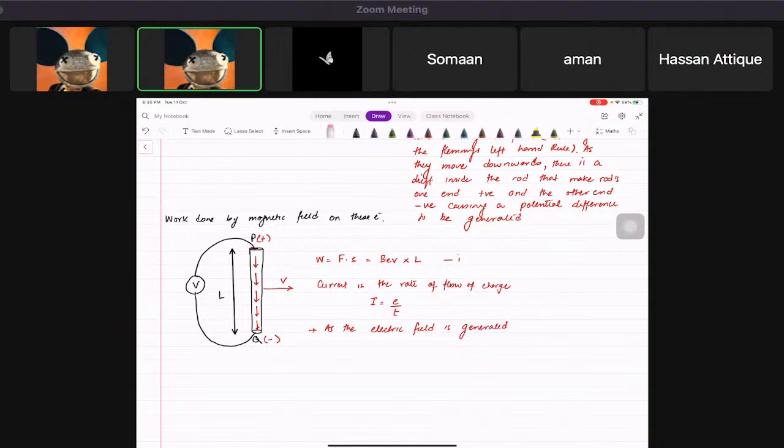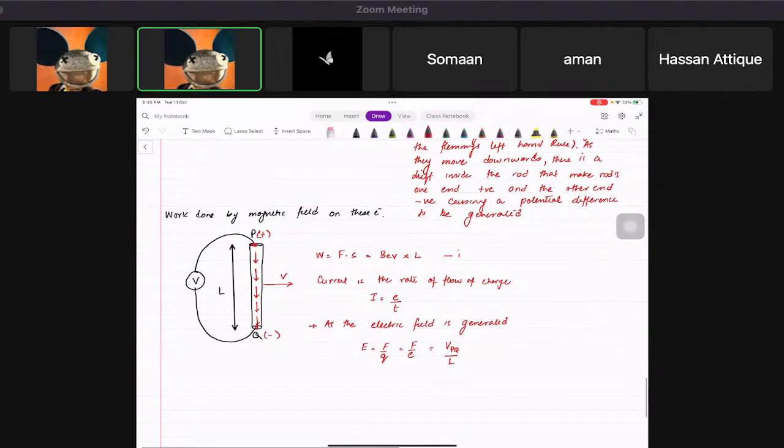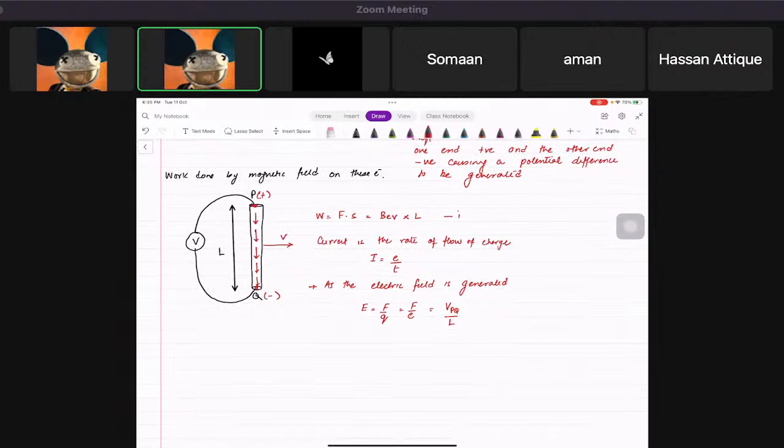So we know that electric field is given by force per unit charge, and in this one the charge is an electron, so I'm writing this. And electric field is also the voltage between P and Q over the distance between the two points, from here till here. So that would be L. So what you want to do is make V_PQ the subject, and then we write FL over e.